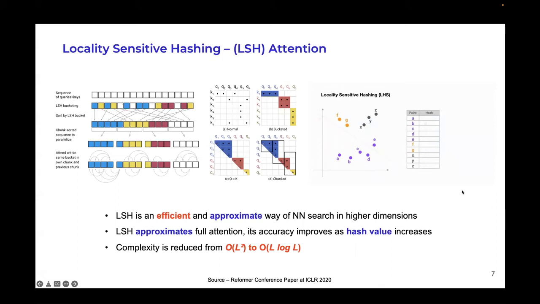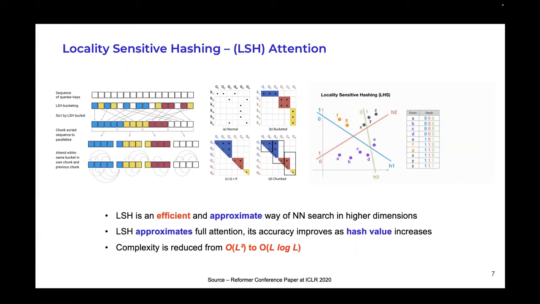So on the right side here, you can see a list of points in the higher dimensional space. We try to randomly build hyperplanes. Here you can see H1, H2, and H3 are three different hyperplanes that are drawn on this higher dimensional space.